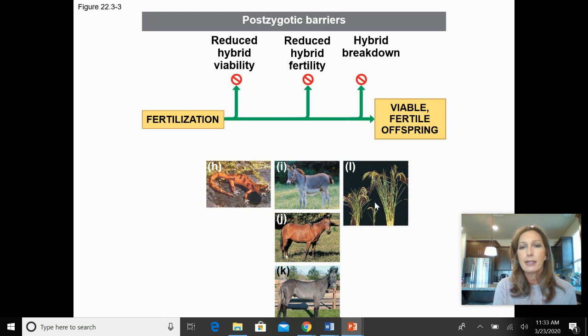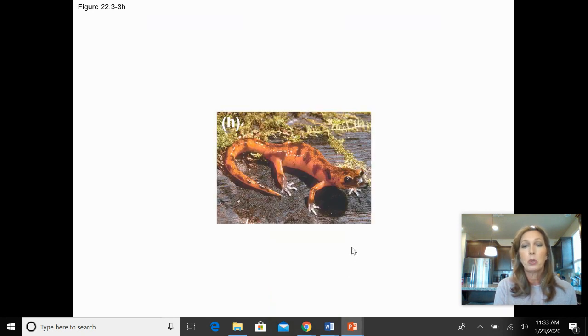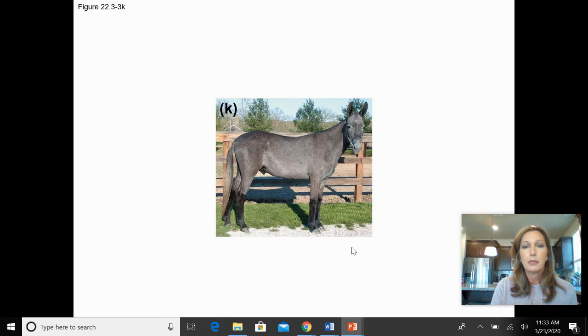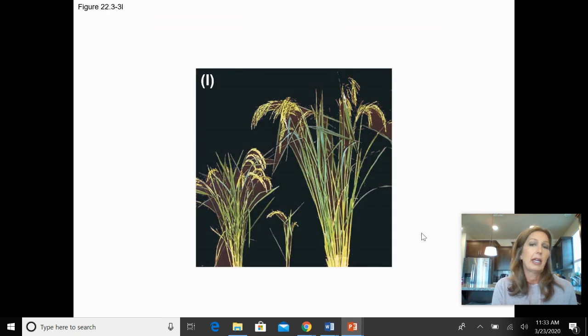Now, this last example here is hybrid breakdown. What this means, and how this is different from a mule, is, in this particular plant crop, we might get a viable offspring that can reproduce. They produce the next generation, but that next generation is not fertile and can't reproduce.